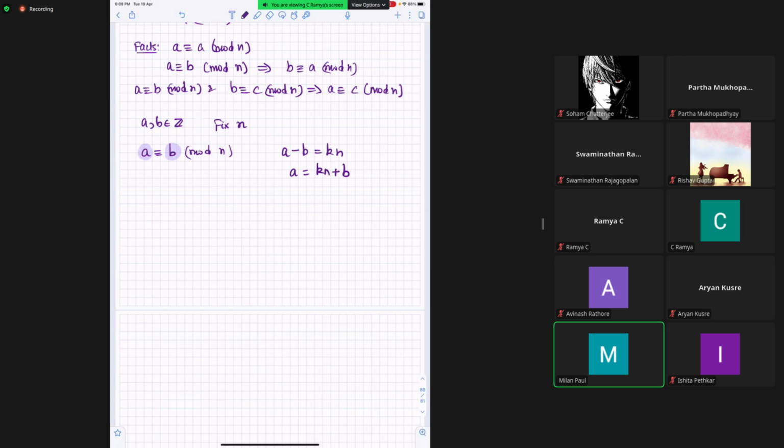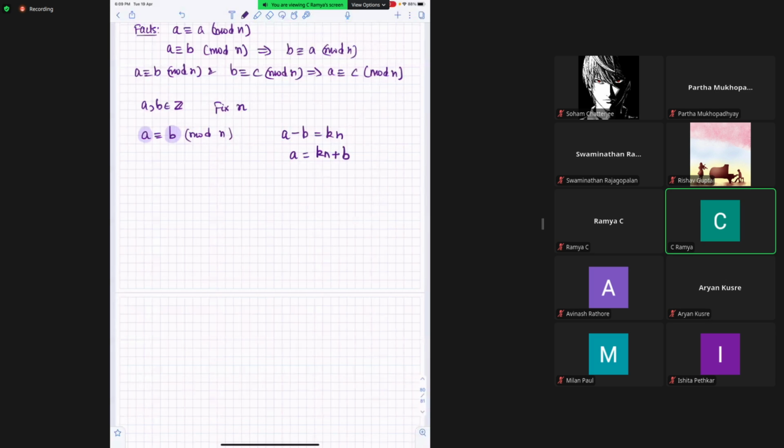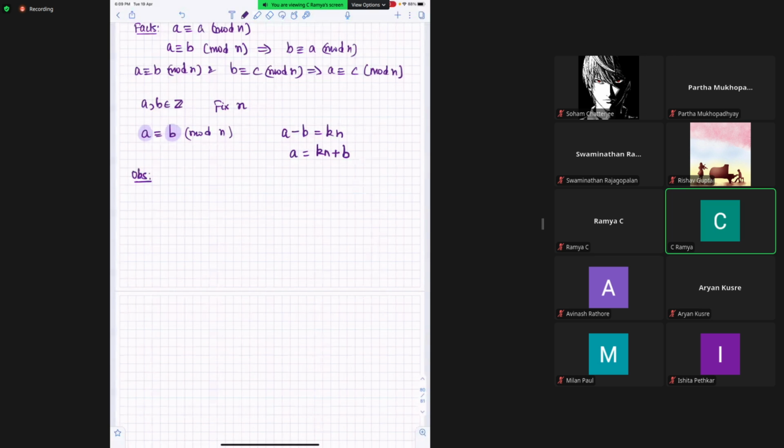They have the same remainders. That is what I want to observe: A is congruent to B mod N is the same as saying that A and B leave the same remainder when divided by N.